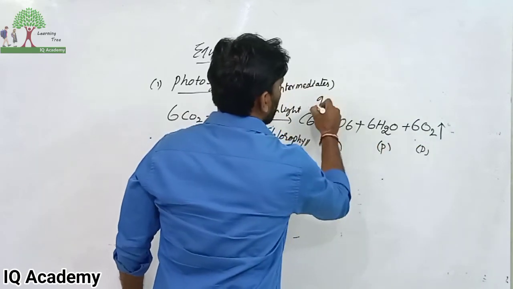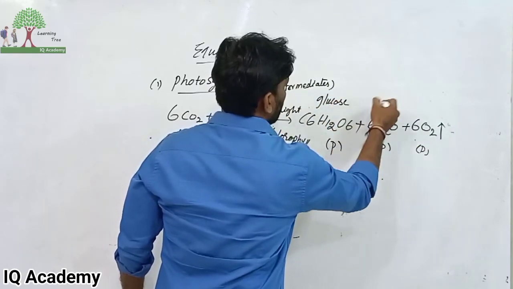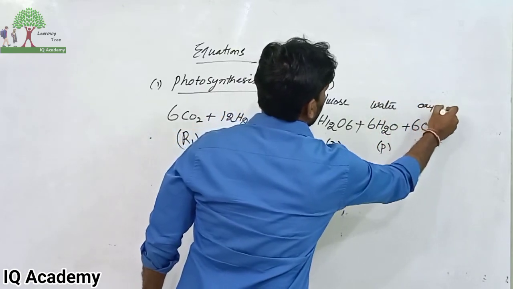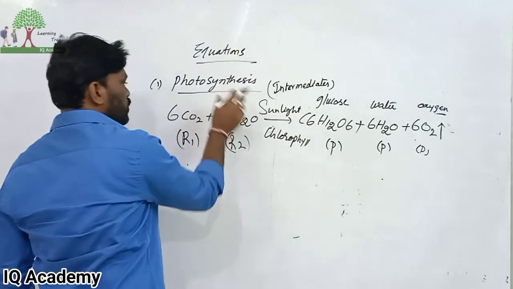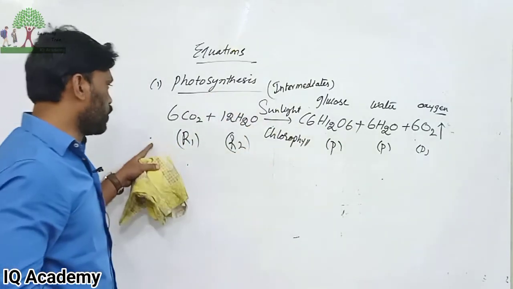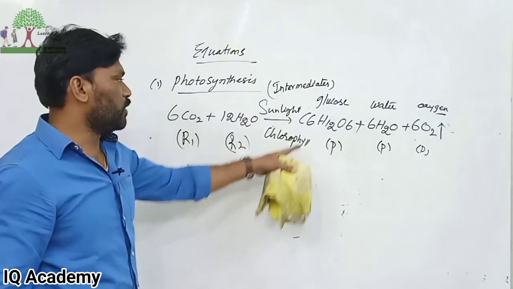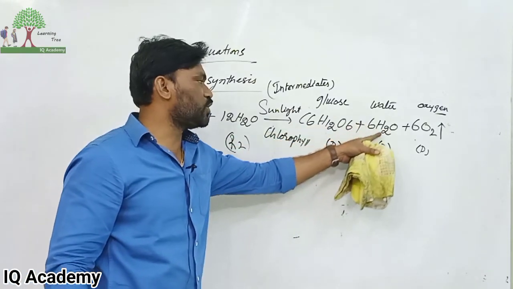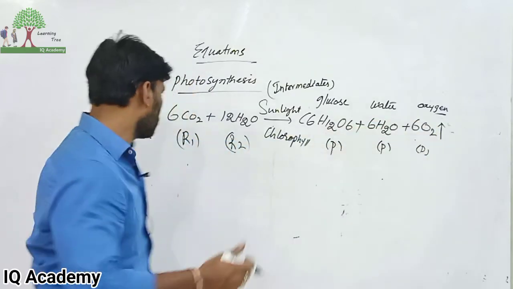Glucose, water and oxygen are the end products. This is the photosynthesis equation: 6CO2 plus 12H2O gives rise to C6H12O6 plus 6H2O plus 6O2.